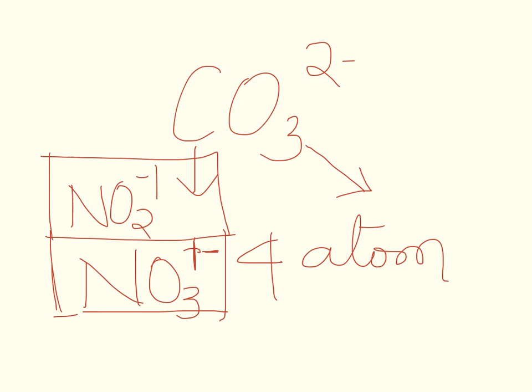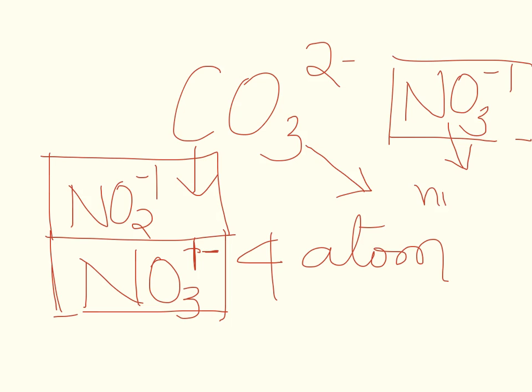It's okay to write either 1 minus or minus 1. And if we see the formula NO3 minus 1, we should be able to recognize the name of this ion as nitrate. So the first thing is for you to memorize names and formulas of polyatomic ions.